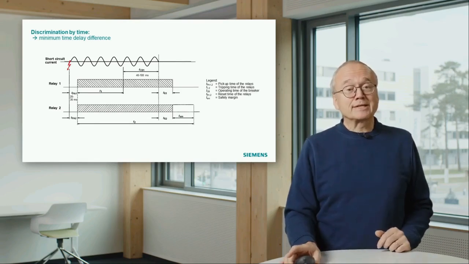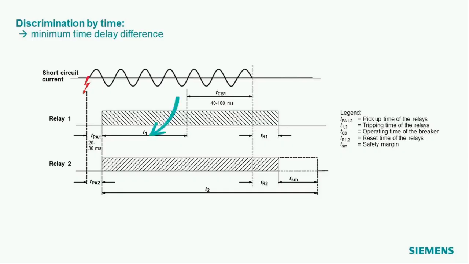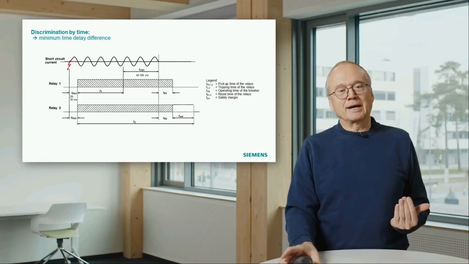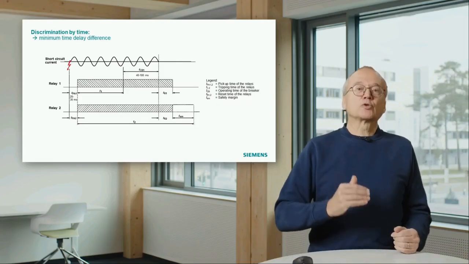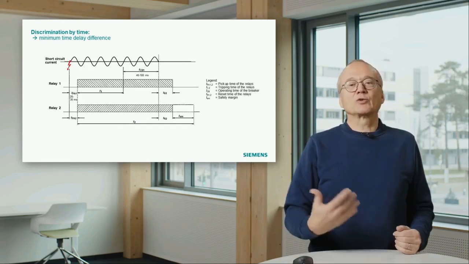Then both relays start the timer. You see here the timers of both relays. Relay number 1 in this case has the shorter timer setting, and after some time this timer setting elapsed, it issues a trip command, and now the point is the trip command goes to the circuit breaker, but the circuit breaker doesn't react at once.